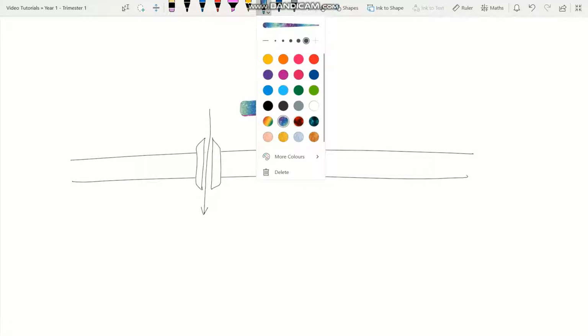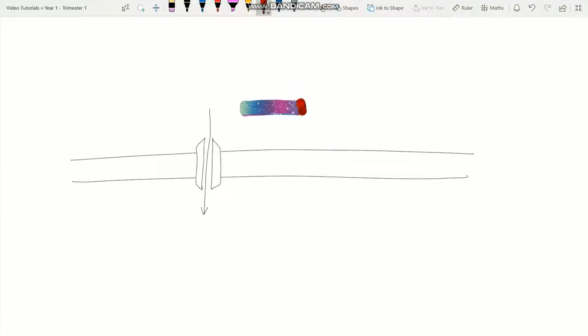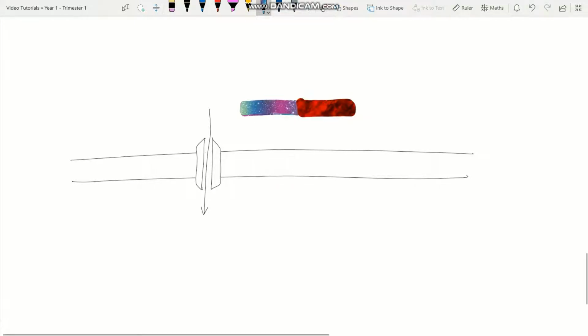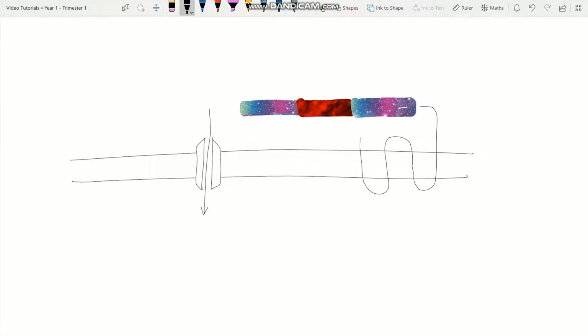So if we say, for example, that this particular amino acid sequence has 2 water-soluble sequences and 1 water-fearing sequence, then it will essentially be able to weave itself in and out of the lumen of the rough endoplasmic reticulum.